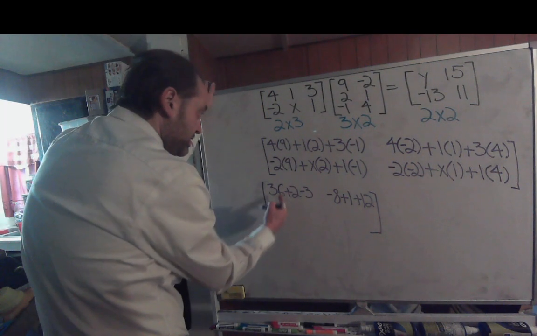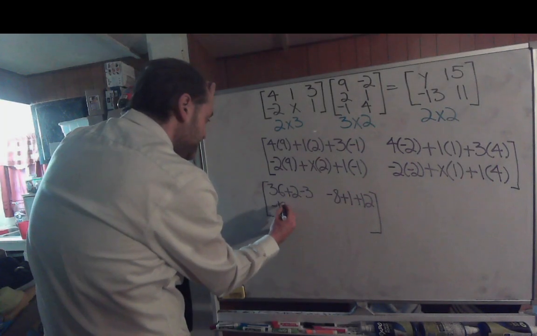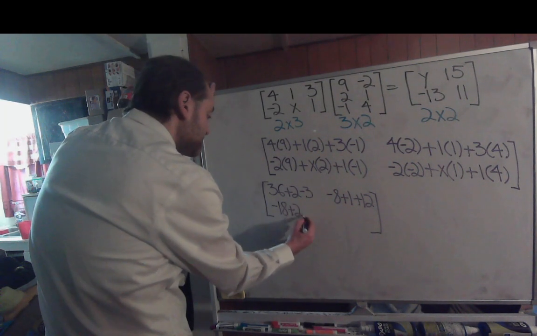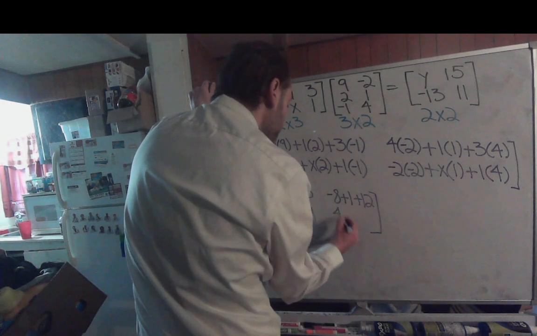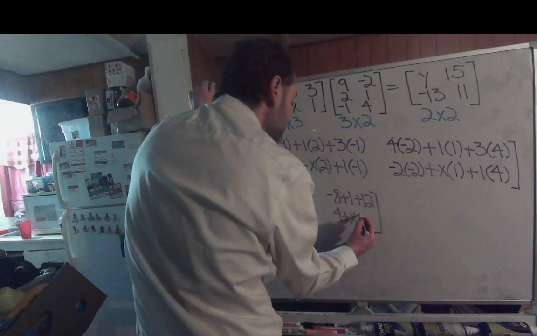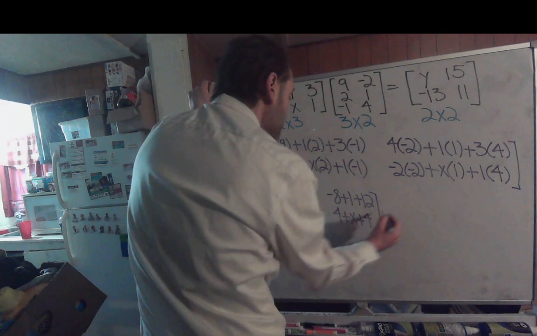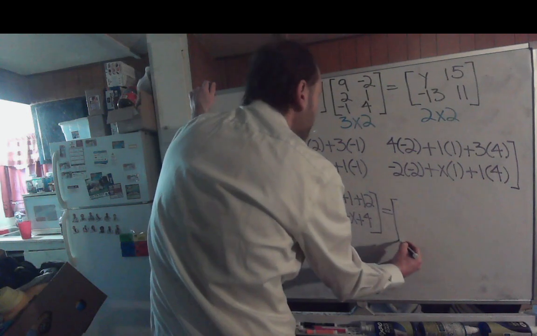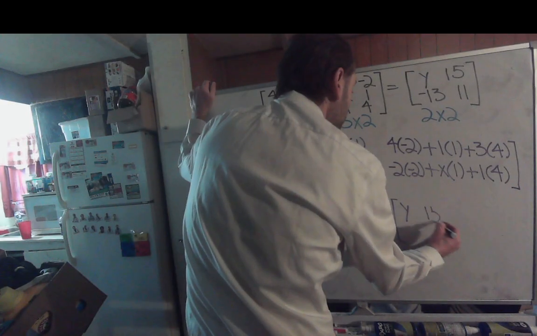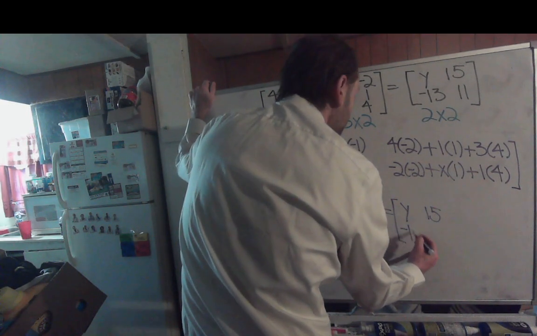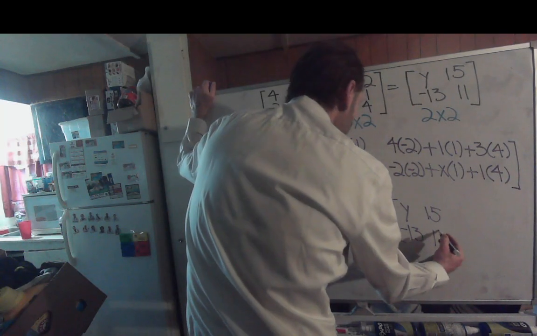Then you would get -18 plus 2x minus 1. Then you would get 4 plus x plus 4. All this should equal y, 15, -13, and 11.